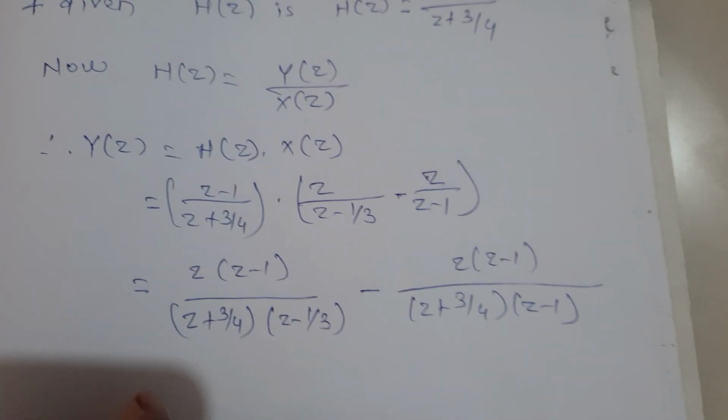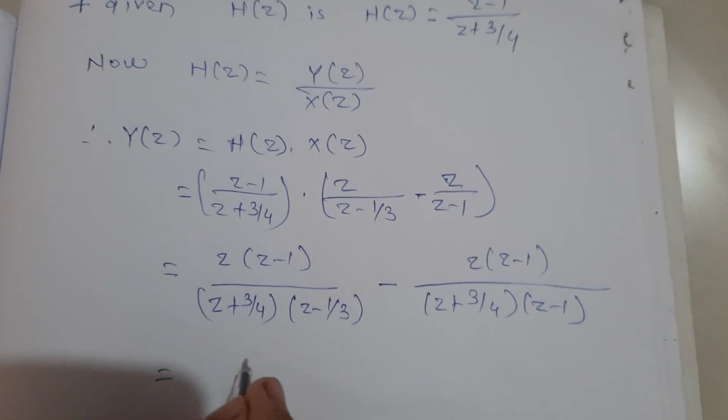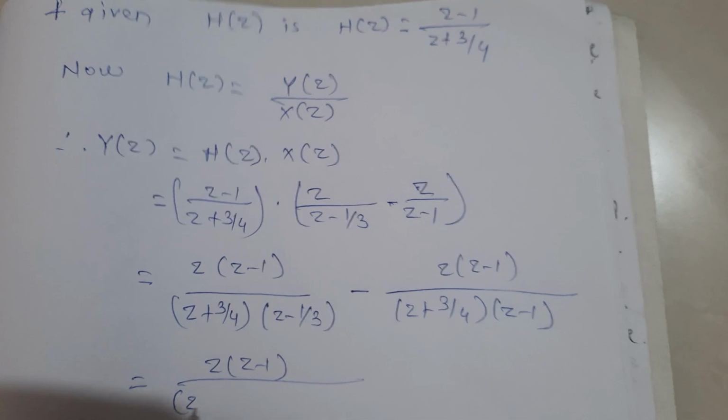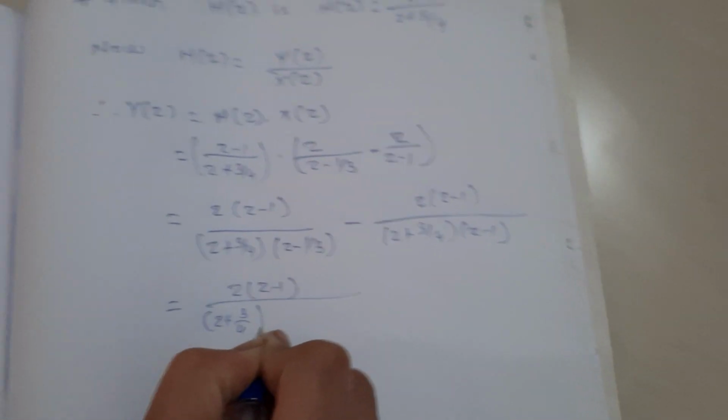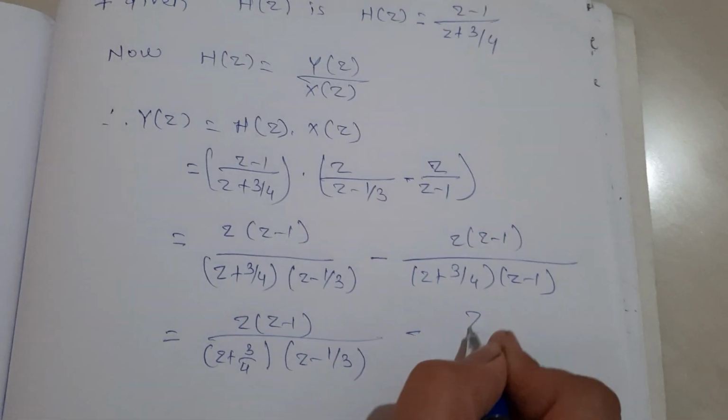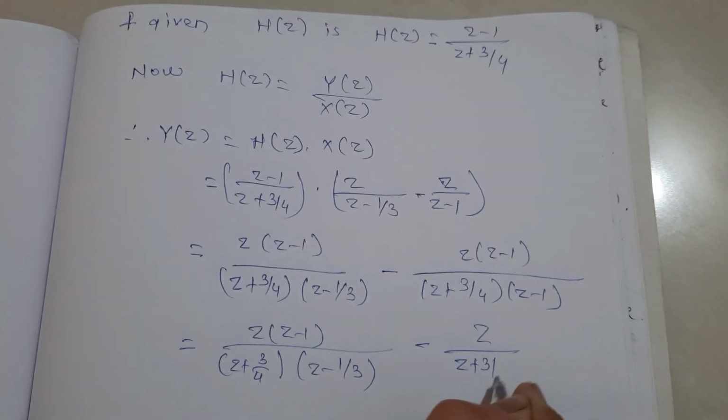So by solving this equation we get it is z(z - 1) divided by (z + 3/4)(z - 1/3) minus z/(z + 3/4). This is equation 9.